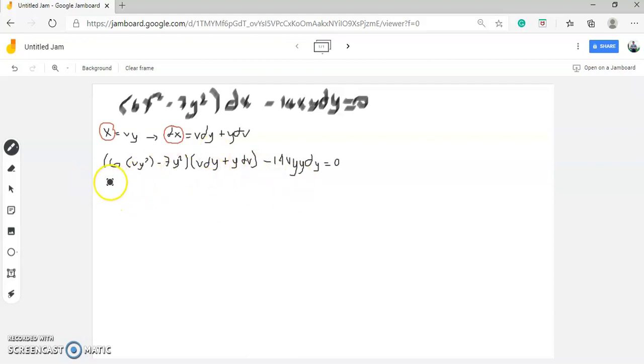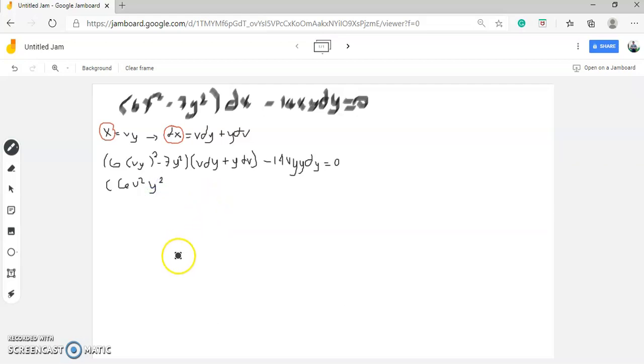So from here, we have 6, sorry, the squared is outside. So that becomes v squared y squared.